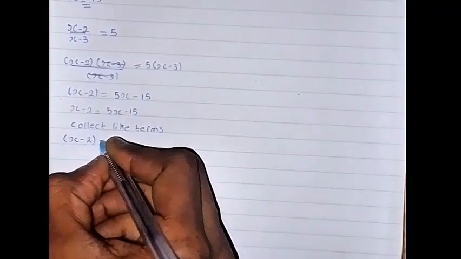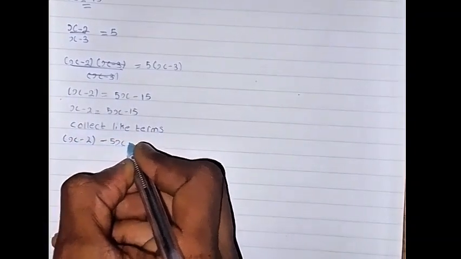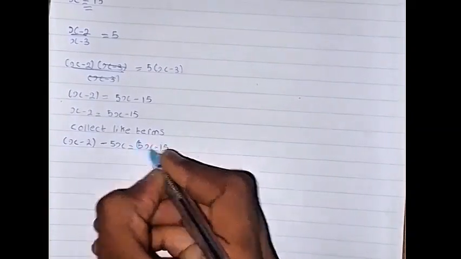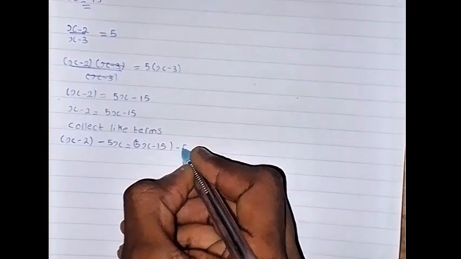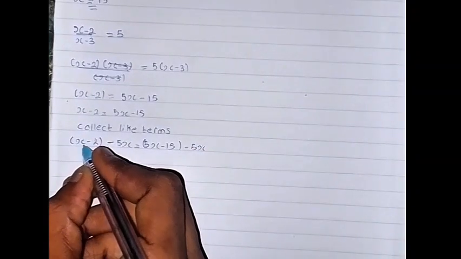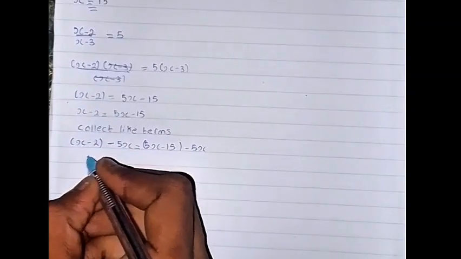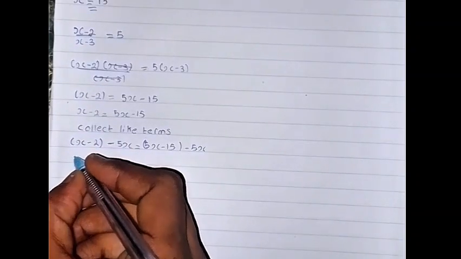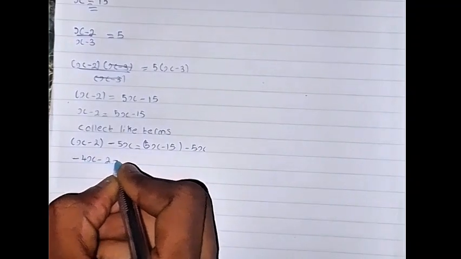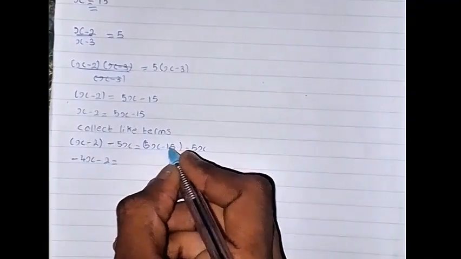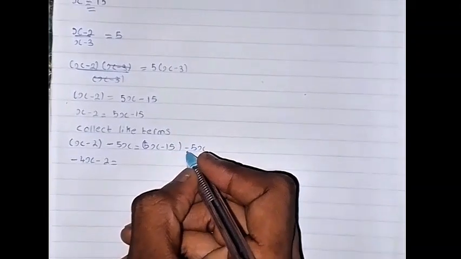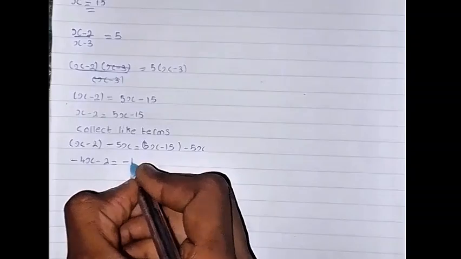That's x minus 2 minus 5x will be equal to 5x minus 15 minus 5x. So x minus 2 minus 5x, x minus 5x is going to give us minus 4x. So we have minus 4x minus 2 equivalent to 5x minus 15 minus 5x. 5x minus 5x gives us 0. So what we have left is minus 15.